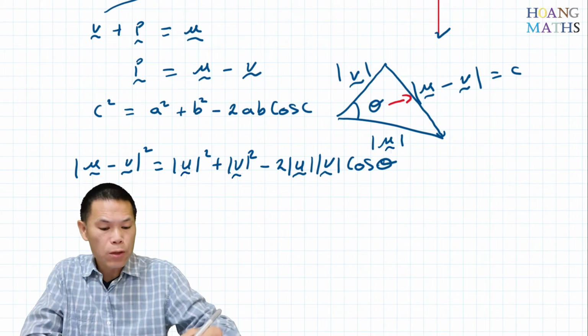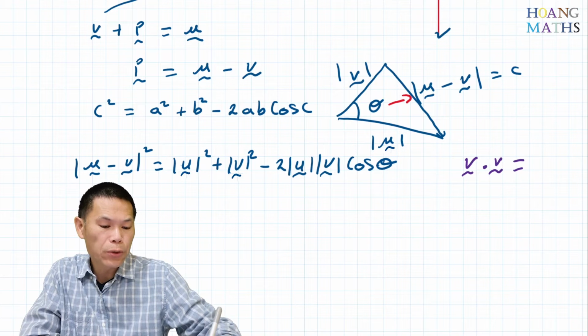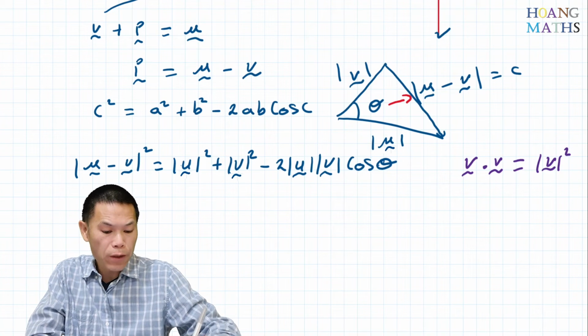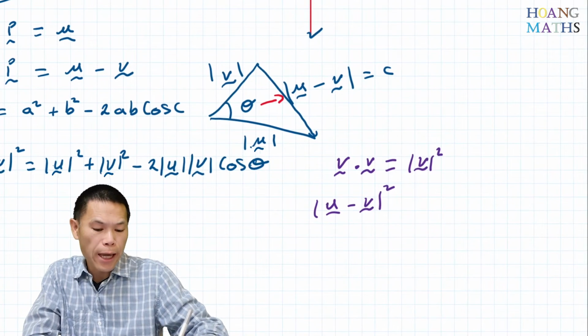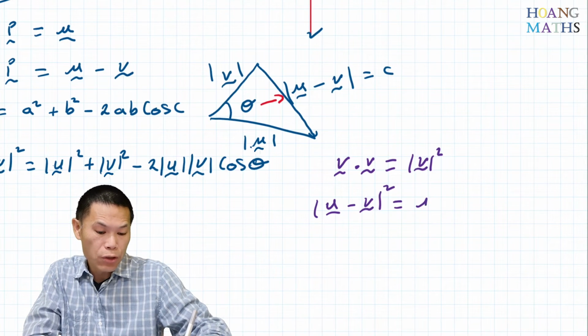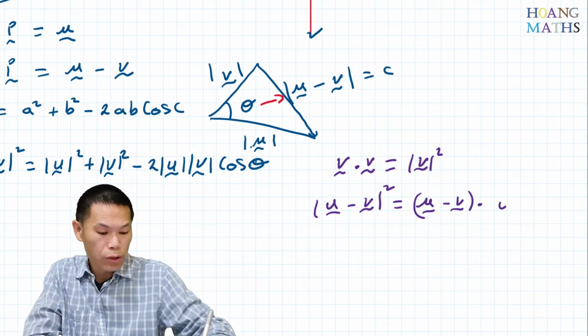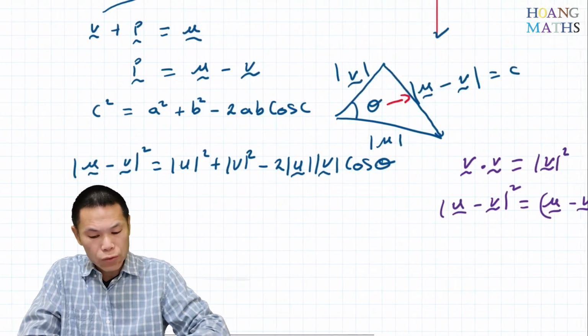Now from earlier, we know that V dot V is equal to the magnitude of V squared. So therefore, if we have the magnitude of U minus V squared, this is exactly the same as U minus V dot U minus V, okay? So now I just write this down.